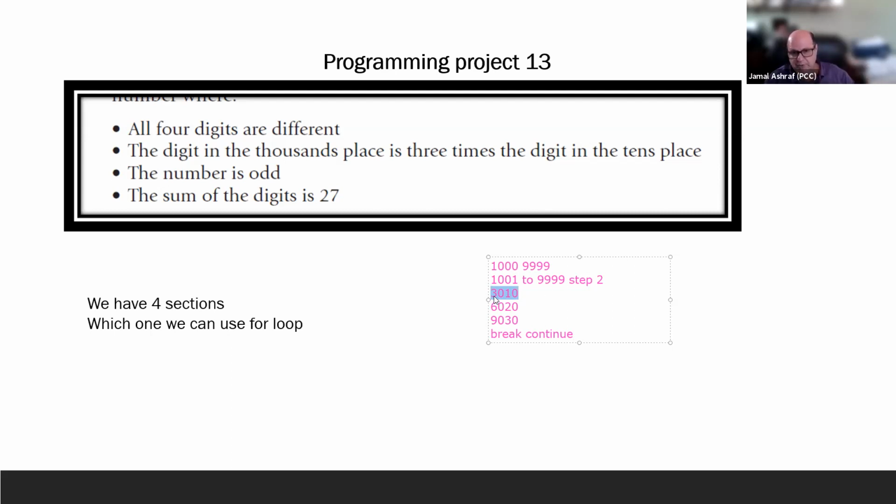So one can go from 3000 up to 4000, the other one 6000, the other one starts with 9000. And with the 9000, I cannot start anything less than 9030 because the 10 multiplied by 3 should get me the 1000. So I can potentially create 3 loops instead of 1.